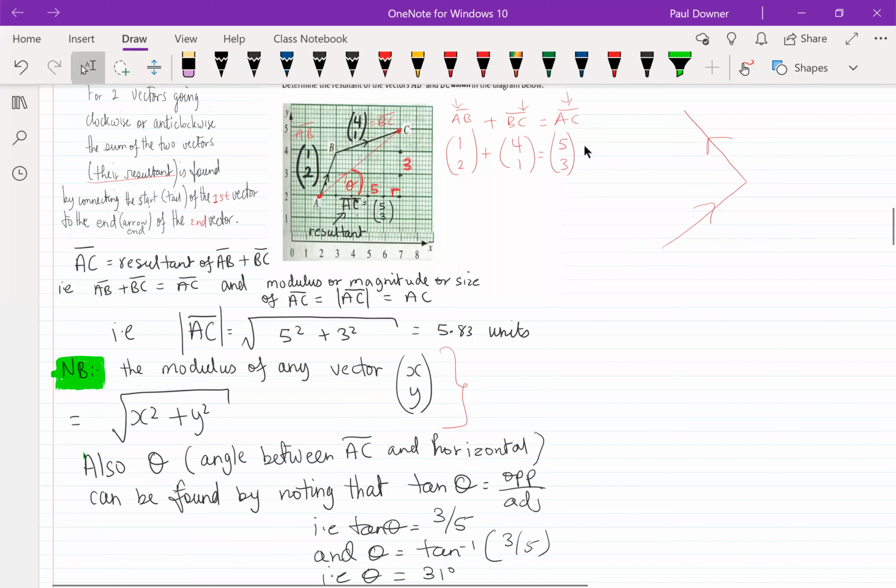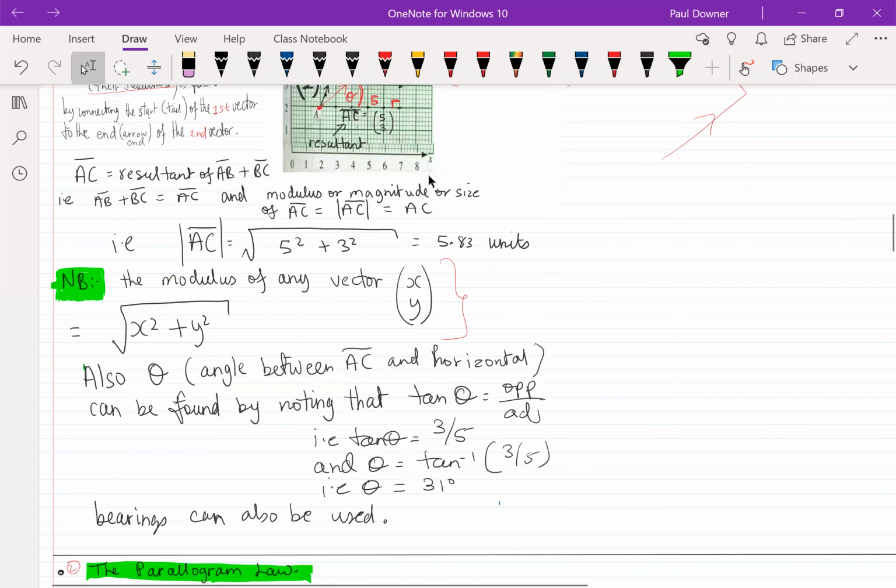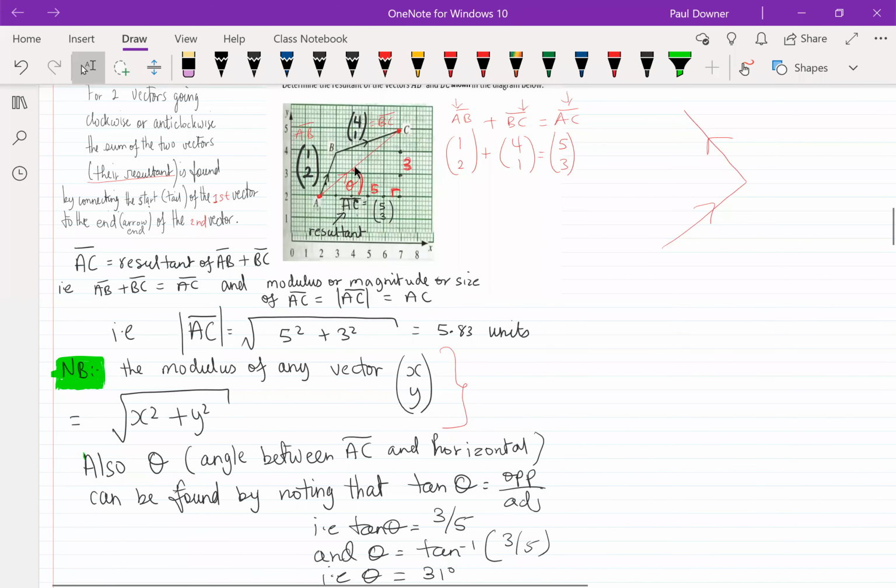And you could find the magnitude or modulus of the vector by using this formula here, where we square the x component and the y component, add them and get the square root. That would give us the modulus or size of the vector, which is written as the vector with 2 vertical lines like this. In this case, it was 5.83 units. And also, you may be asked to get the direction. One way of stating the direction is relative to the horizontal.